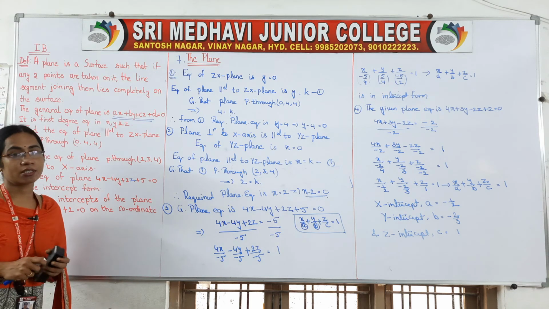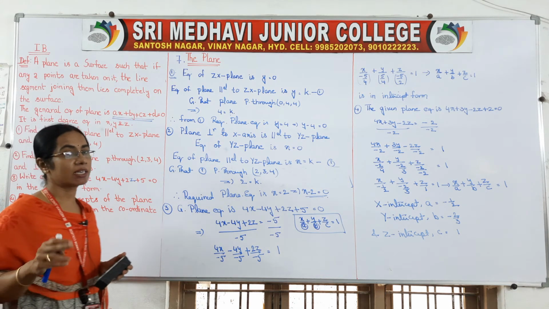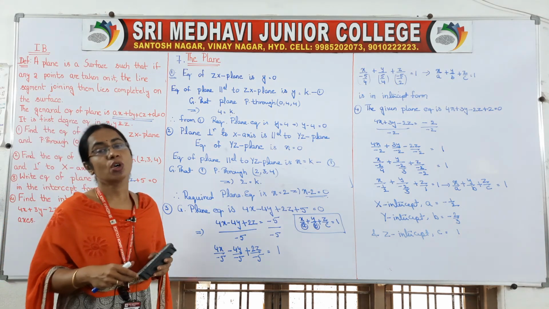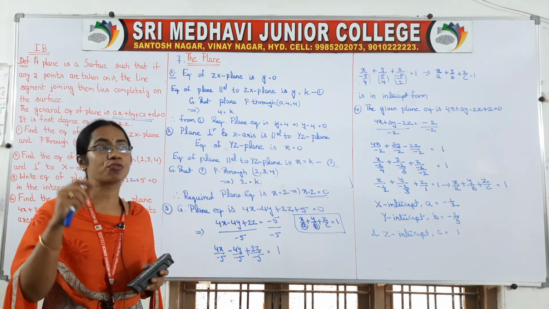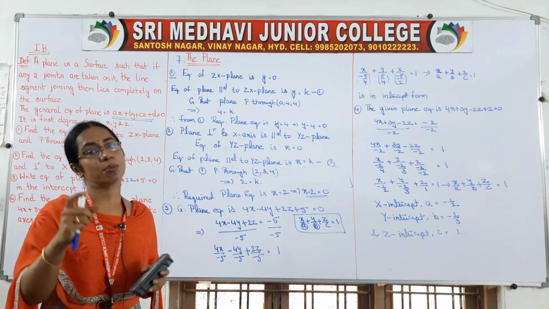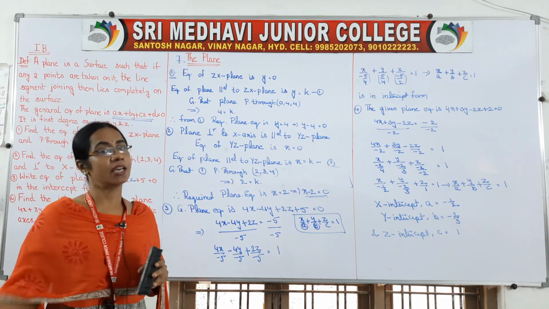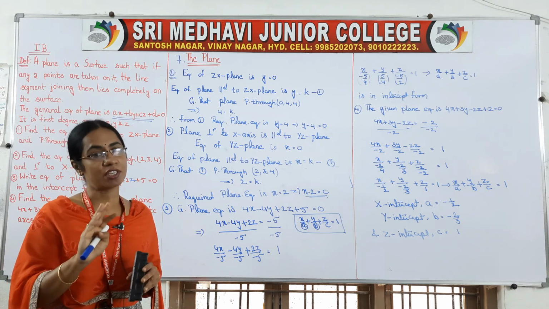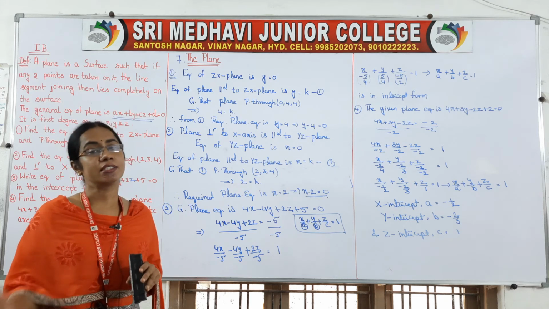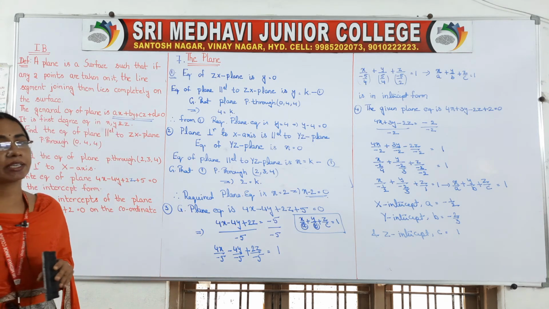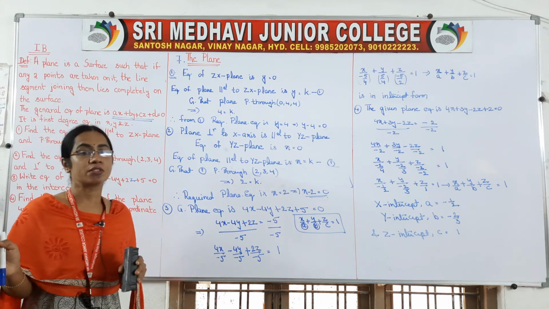First of all, the plane definition. A plane is nothing but a surface. If we take two points on the surface and join them with a line segment, that line lies entirely on that surface. Such a surface is called a plane. The general equation of a plane is ax plus by plus cz plus d is equal to 0.